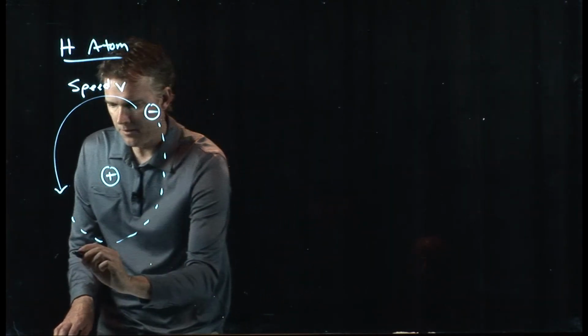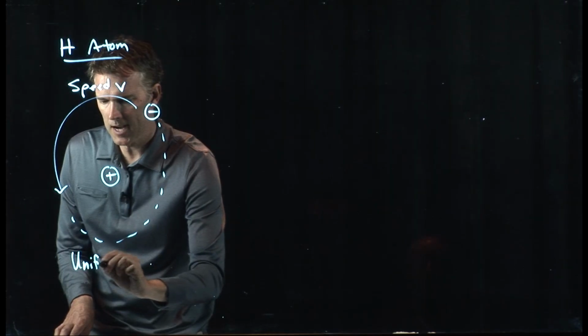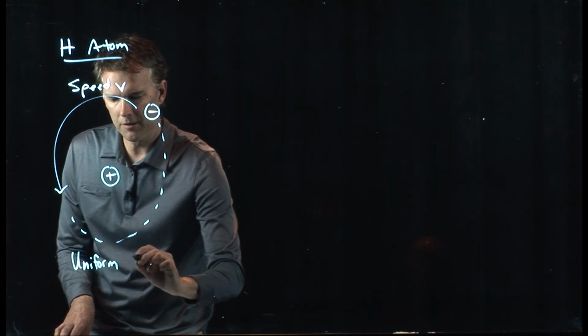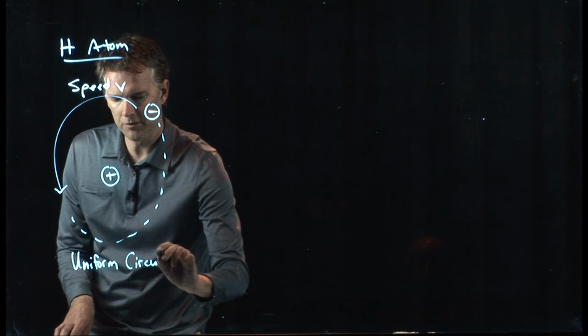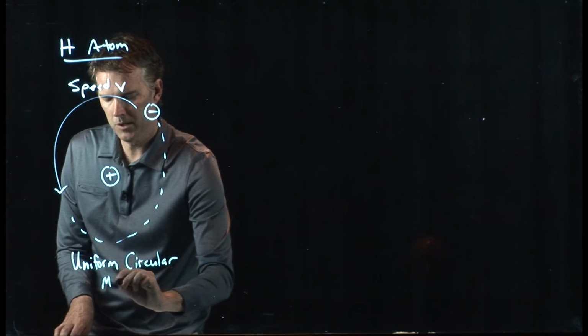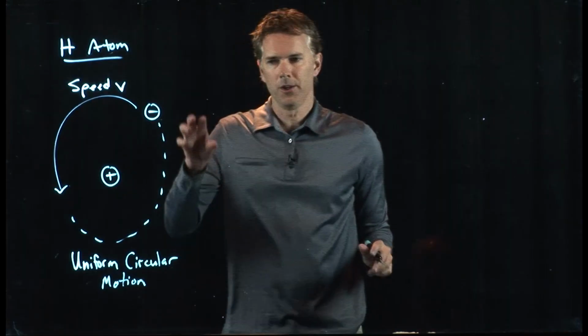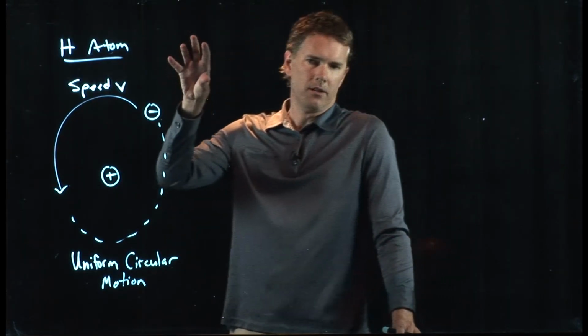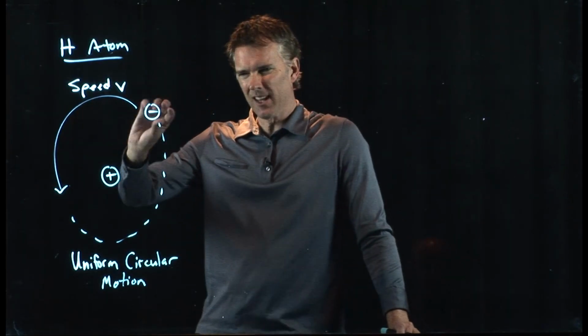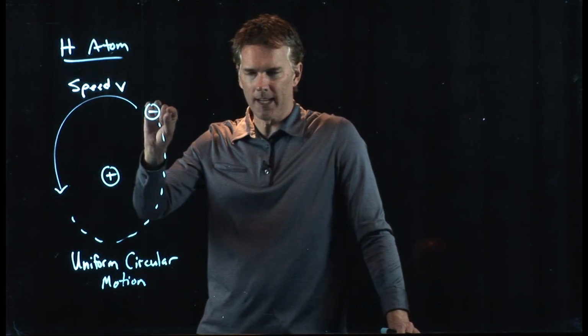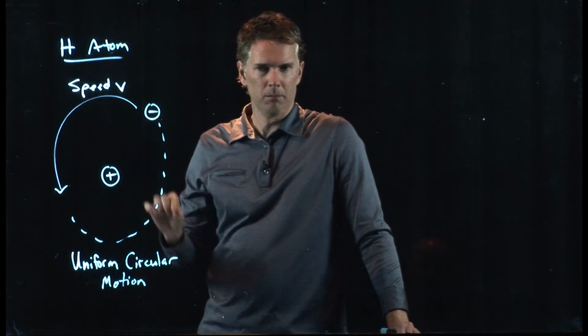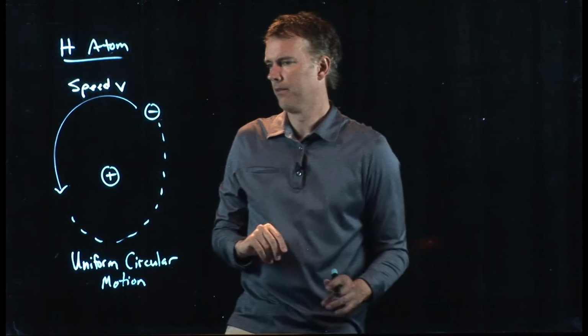And let's pretend that this is moving around at a constant speed, and so this is uniform circular motion, which we know and love. Later on, when you get to quantum, you're going to realize it's not really a point particle going around like a tennis ball on a string, but this is an okay model to start with.